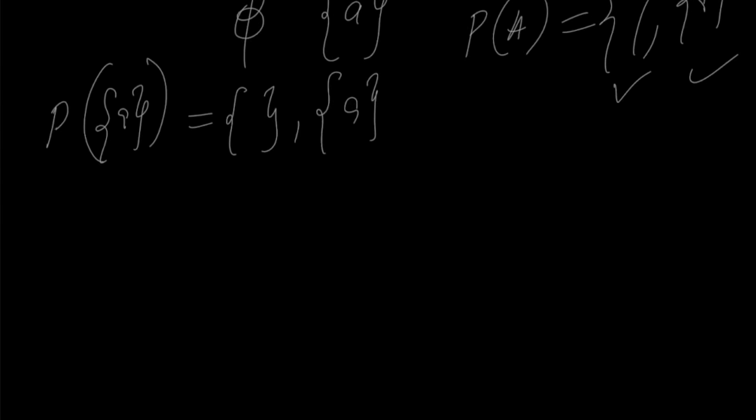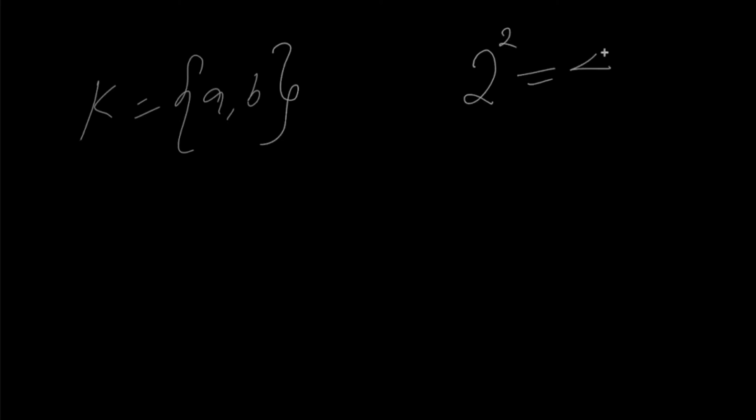How many sets? 1, 2. Let's continue. You are given this set, say K is equal to A and B. How many subsets can you actually derive from this? You simply say 2 raised to power the number of elements in this place. You can derive 4 different kinds of subsets. Remember, the first one is always the empty set.